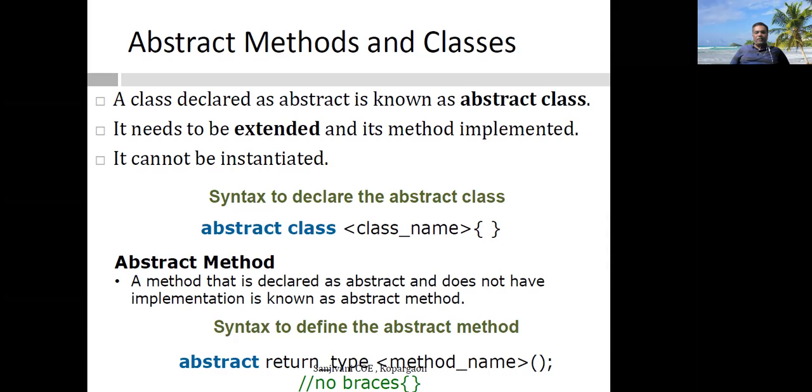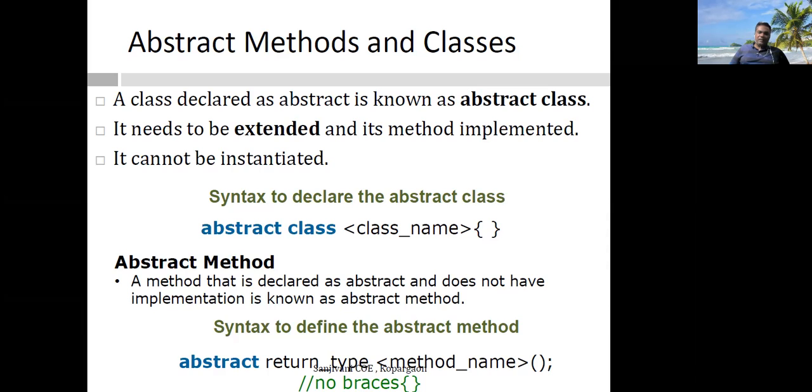Once you declare a class as abstract, we are making that class compulsory for inheritance, because once you declare a class as abstract, we cannot initialize the object of the abstract class, so it needs to be extended and its methods need to be implemented.